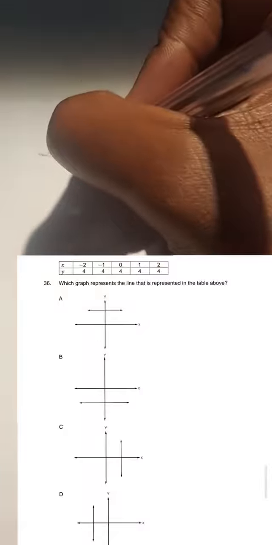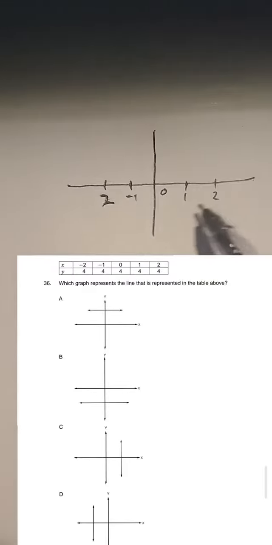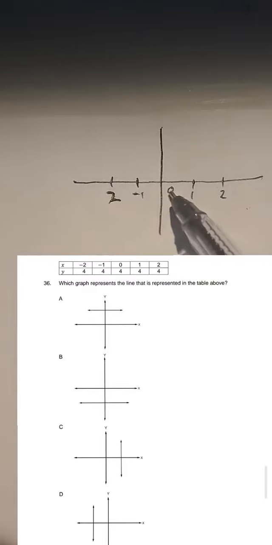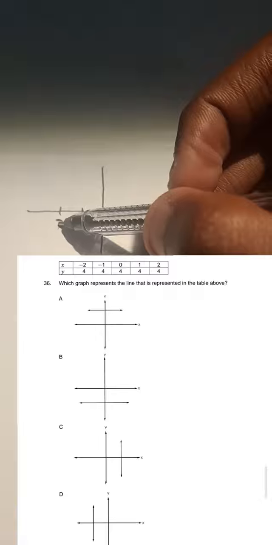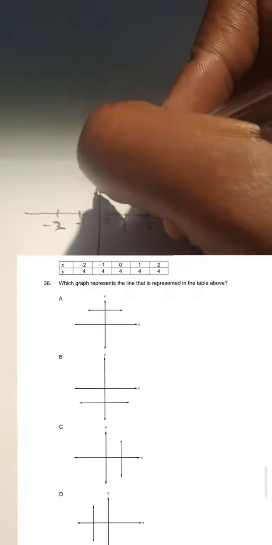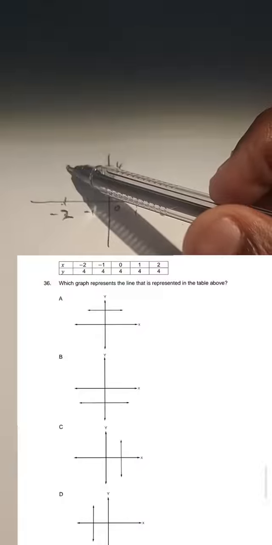Guys, when you have a Cartesian plane, these are your x values, -2, -1, 0, 1, and 2. Now they are saying for every x value, the y value is 4. So this is where -2 and 4 would be.